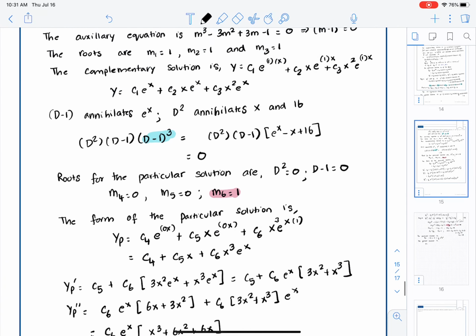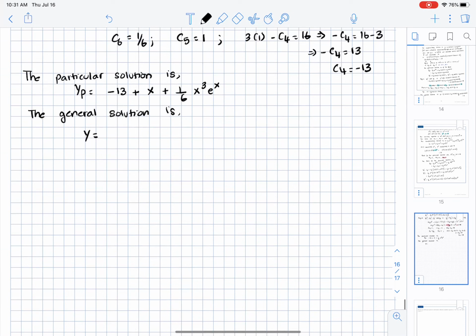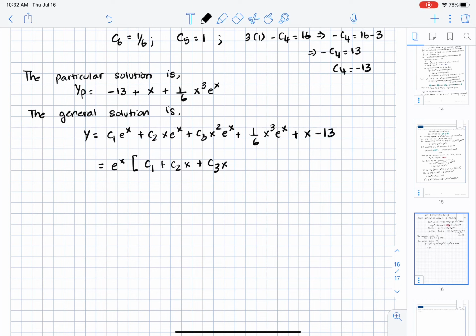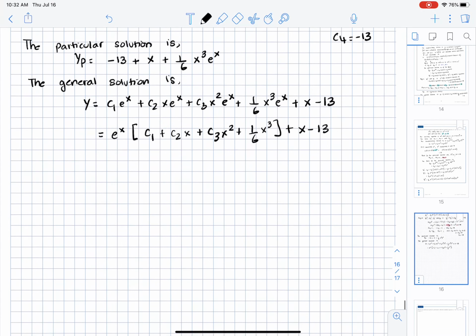Yc is c1 e raised x, c2 x e raised x, c3 x squared e raised x, plus 1 over 6 x cubed e raised x, plus x minus 13. I could pull e raised x out and write it as c1 plus c2x plus c3x squared plus 1 over 6 x cubed plus x minus 13. And that would be the solution.